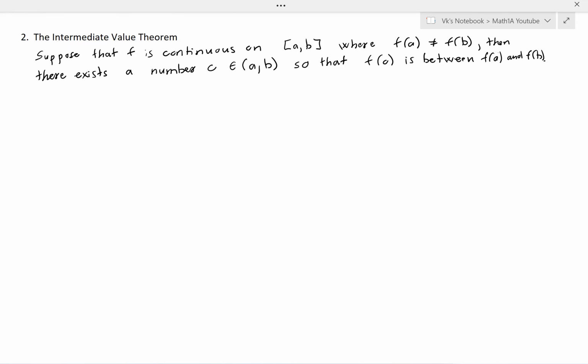The intermediate value theorem is very useful to identify whether a function has a 0 or not without solving for the 0. Let's take a look at the graph here.